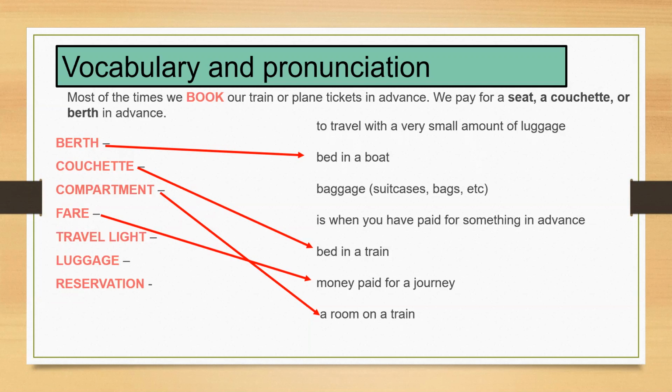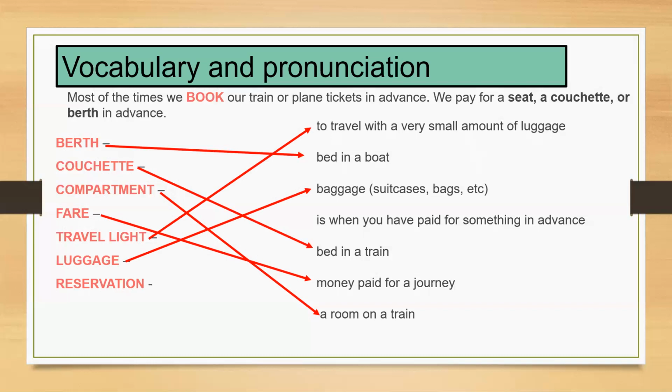What else? Amount of luggage? Very good. To travel with a very small amount of luggage. Good. And what's the meaning of luggage? Baggage, suitcase, bag, etc. Very good. It's baggage, suitcase, bags, etc.